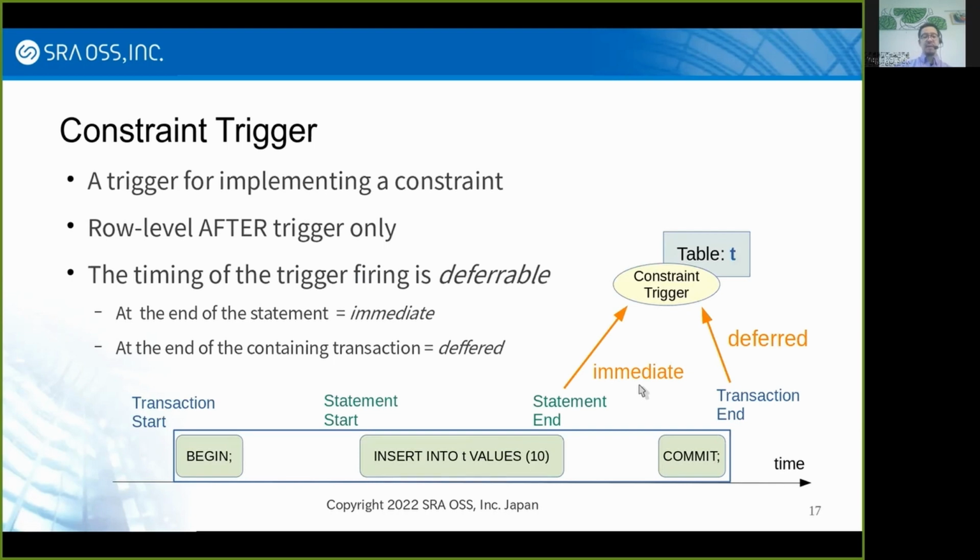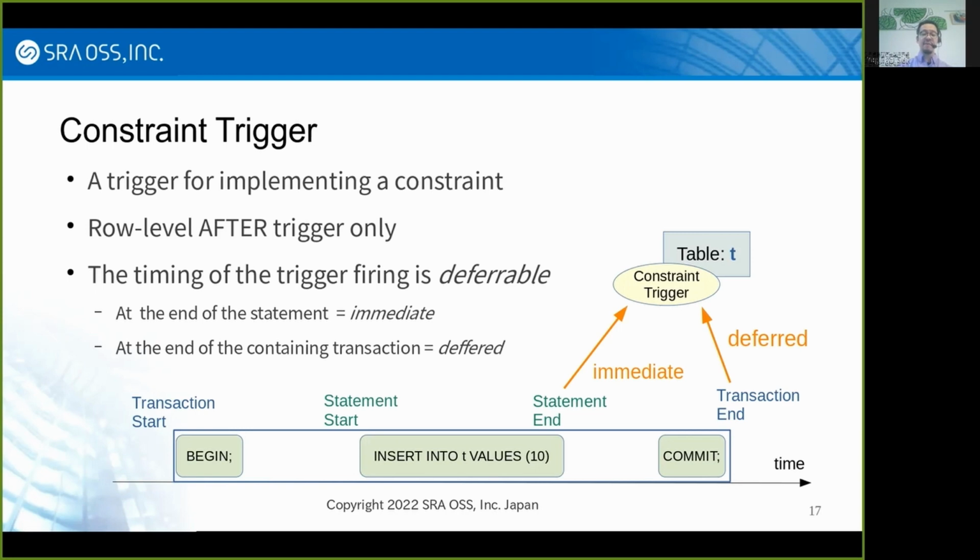There is also a kind of trigger called a constraint trigger. This is a trigger for implementing constraints. A constraint trigger must be a row-level after trigger. Basically, a constraint trigger is the same as a regular trigger, but the timing of the trigger firing is different.